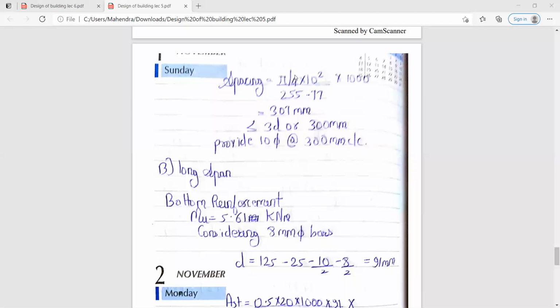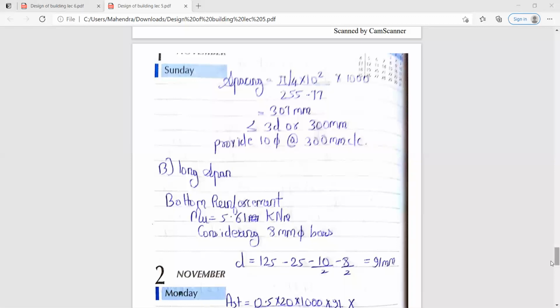So for the shorter span you need to provide 10 mm diameter bars at 300 mm center to center spacing. After this, you need to calculate for the longer span, for the bottom reinforcement.